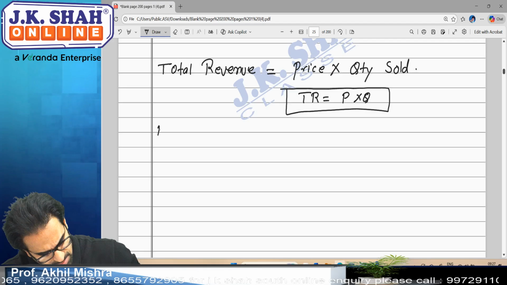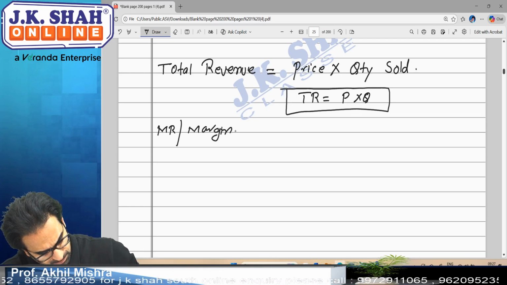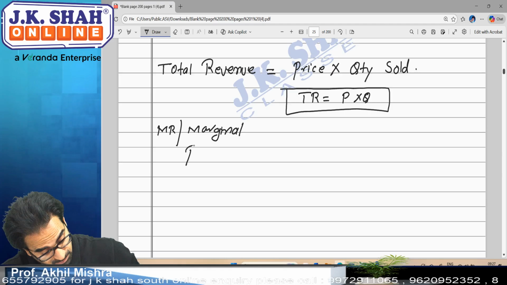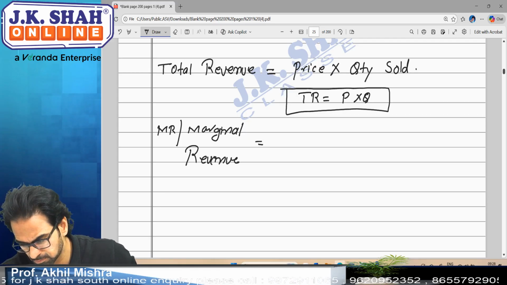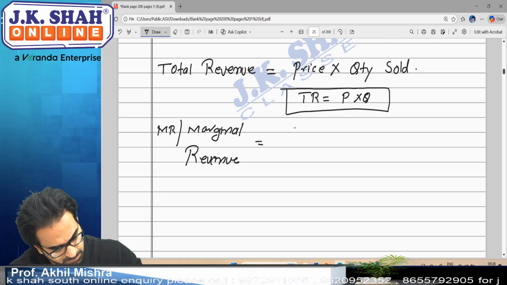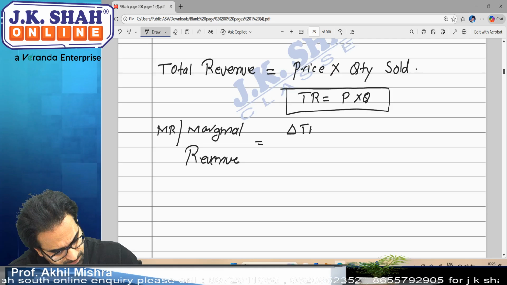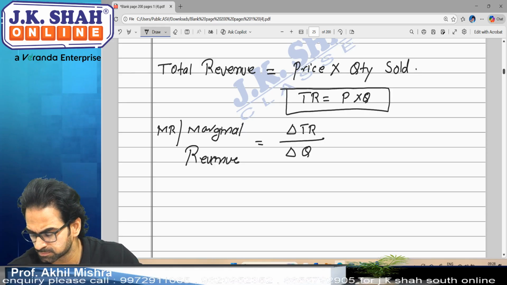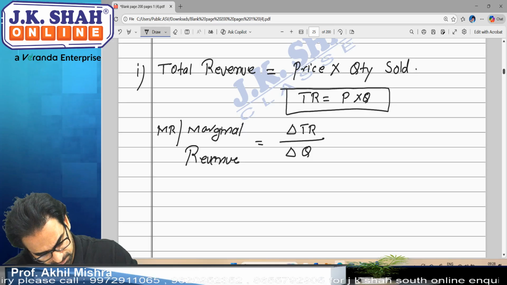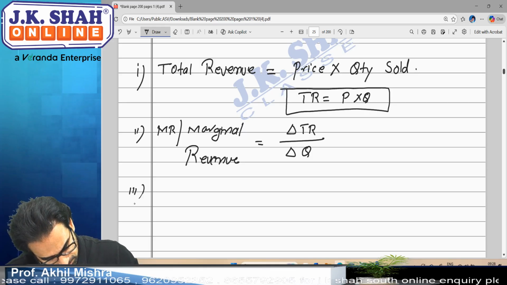Then it's called MR, marginal revenue: change in TR by change in Q. And then AR, average revenue.